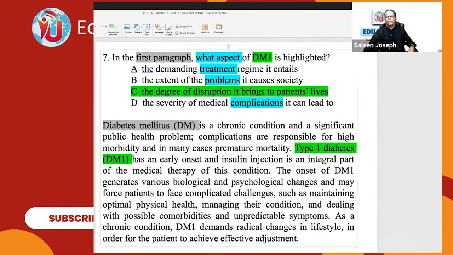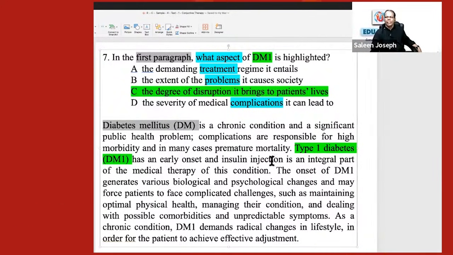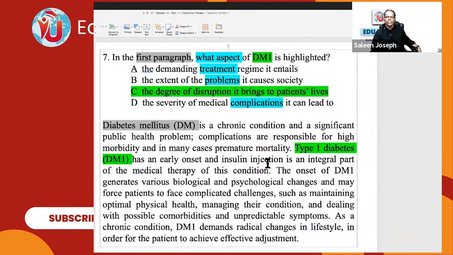So what are the disruptions mentioned here? After type 1, as I've told you, they might speak about general studies, then a particular study, a particular name. So after type 1, disruptions are given. What are the disruptions? Insulin injection is a disruption, right? Difficulty for the person. Biological and psychological changes. That's a disruption.